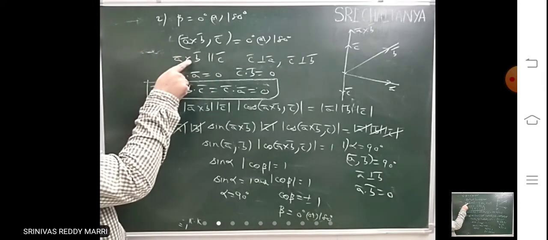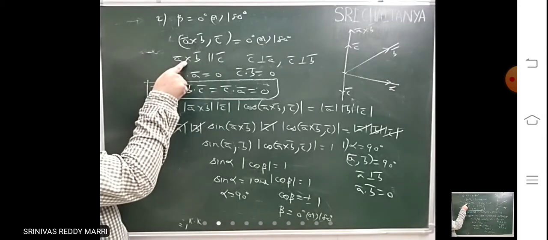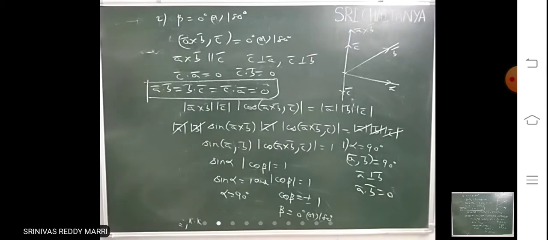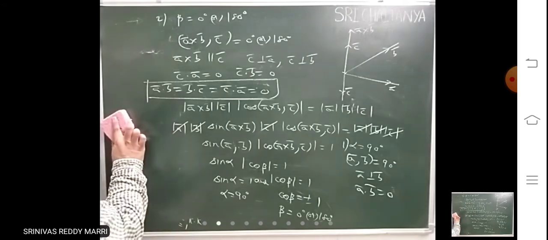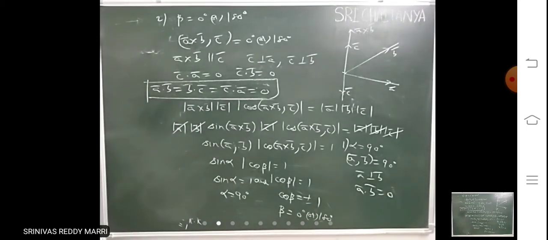So C bar is collinear with A cross B, and any vector collinear with A cross B will be perpendicular to both these vectors, perpendicular to A bar, perpendicular to B bar. So therefore those three are mutually perpendicular unit vectors. Whenever this condition is given, you remember A dot B equals B dot C equals C dot A.